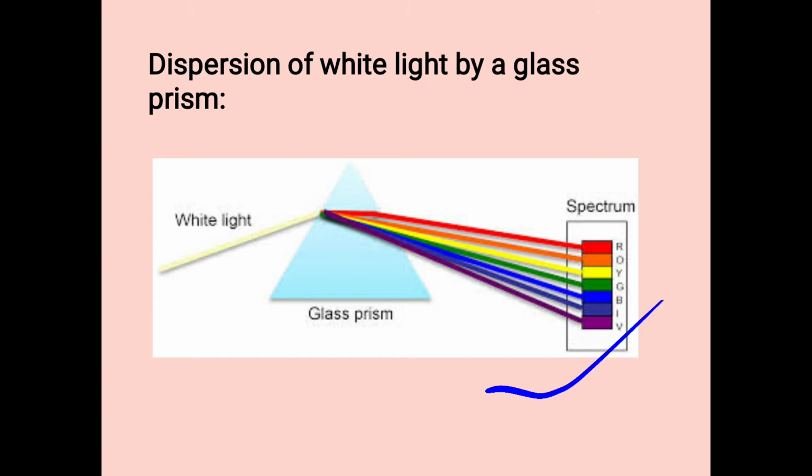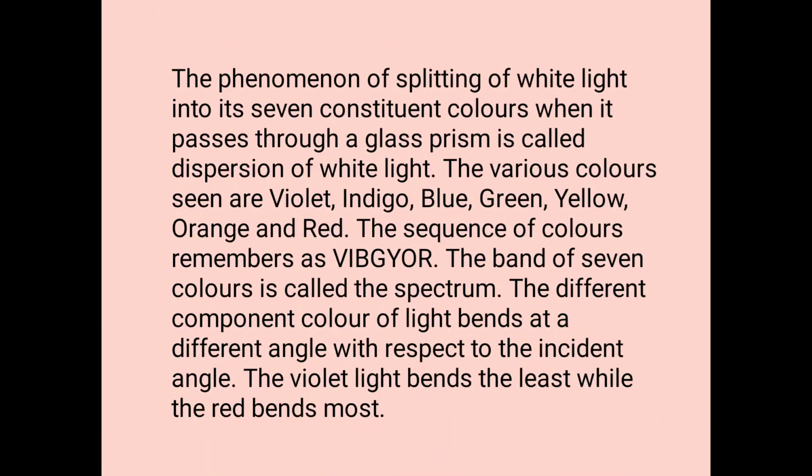This is a phenomenon where we can see the splitting of white light into its seven constituent colors when it passes through a glass prism. This is known as dispersion of white light.